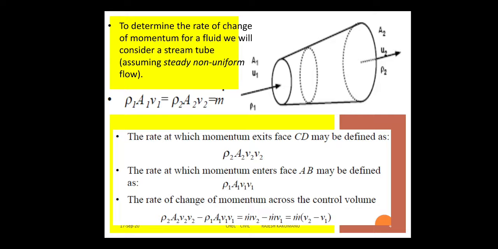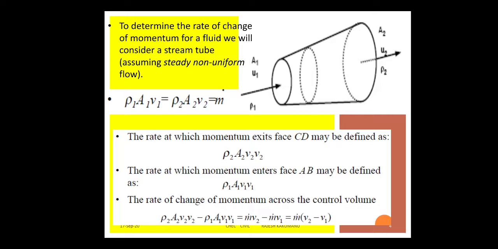Now the rate of change of momentum across the control volume is equal to rho 2 A2 V2 into V2 minus rho 1 A1 V1 into V1, which we simplify as m V2 minus m V1. Taking m as common, we write m of (V2 minus V1).